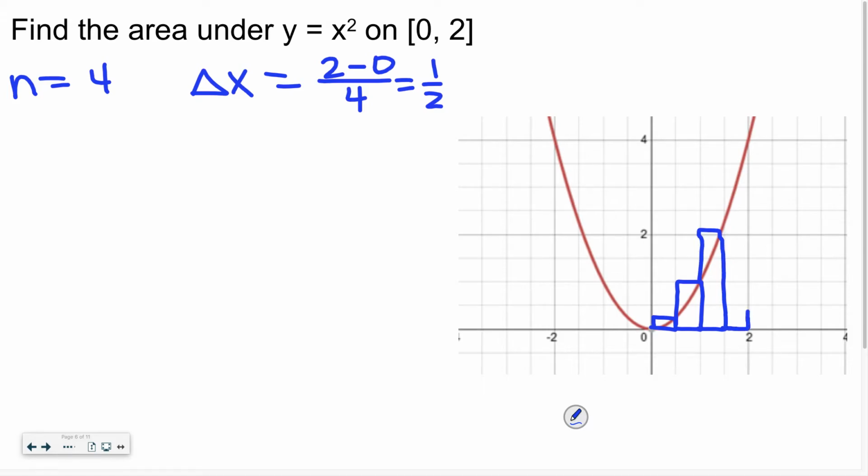Alex, is this going to be the same? No. Okay. So do you see how we're drawing the right side of our rectangle to hit these 4 spots?